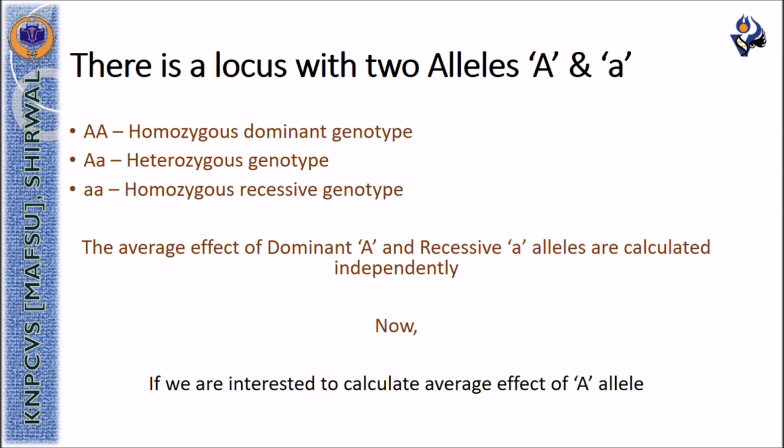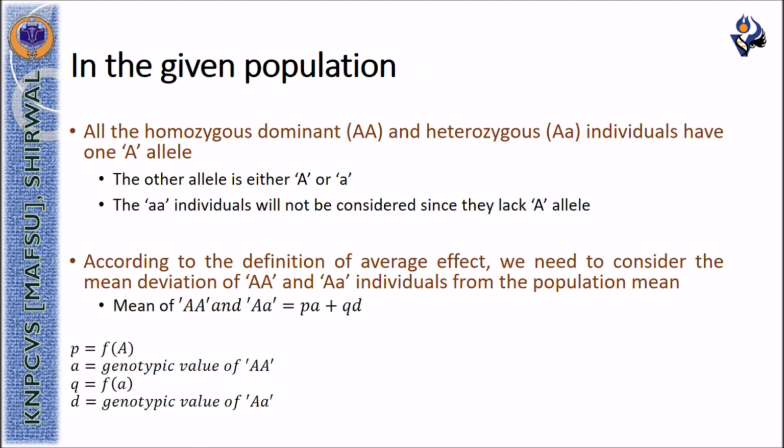Now, suppose we are interested to calculate the average effect of the dominant A allele. In the given population, all the homozygous dominant AA and heterozygous Aa individuals have one dominant A allele. The other allele is either capital A or small a.